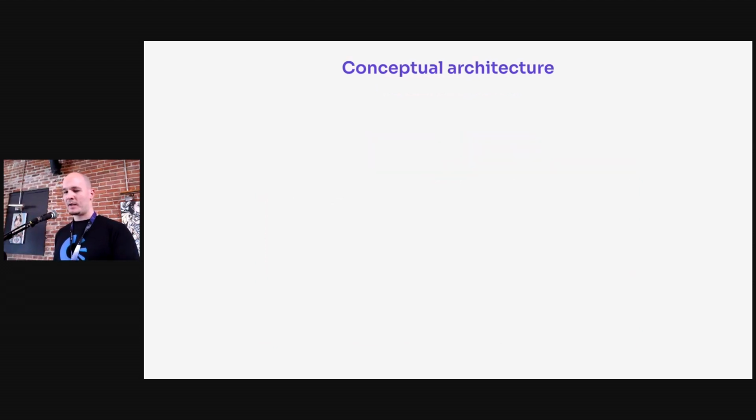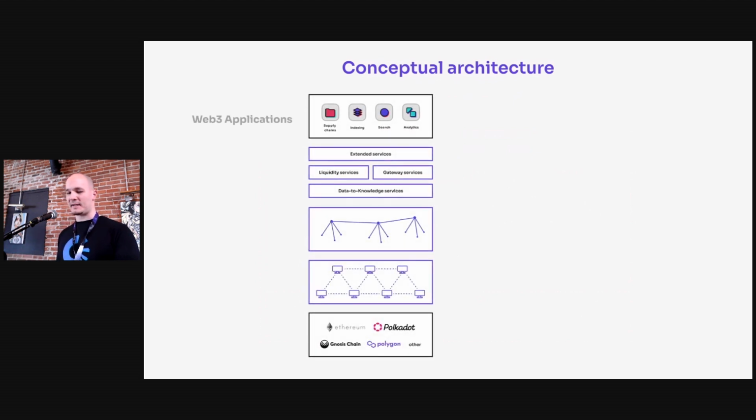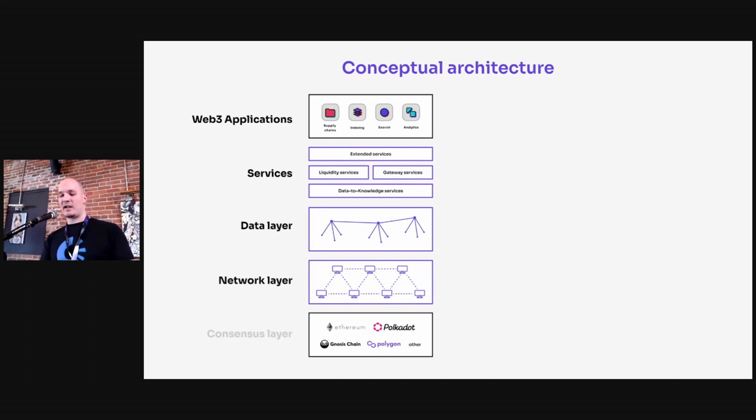So conceptually, the architecture looks like this. We have some Web3 applications on top, like search applications, for example, or analytics. Somebody came to ask me about analytics at the beginning. Could be one of the applications. And then we have a couple of layers: the service layer, the data layer, the network layer, and then the consensus layer. Consensus layer being obviously comprised of several blockchains.